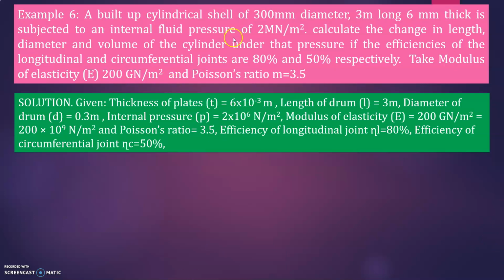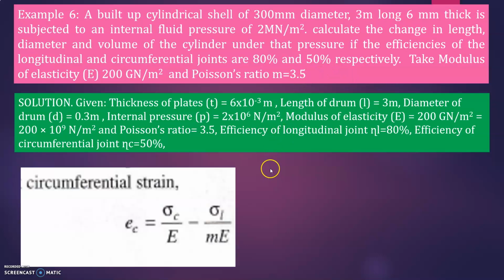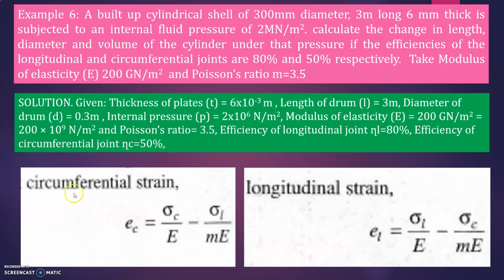Okay, here efficiencies of longitudinal and circumferential joints are given. The efficiency of longitudinal joint is 80% and of circumferential joint is 50%. Now how to calculate the circumferential strain and longitudinal strain? We know this formula, right?